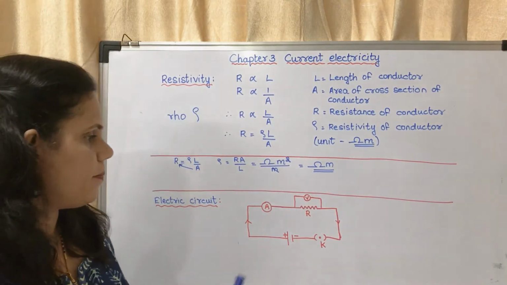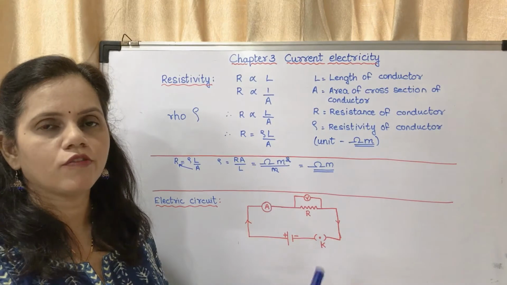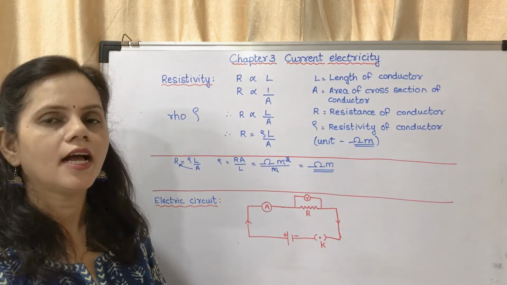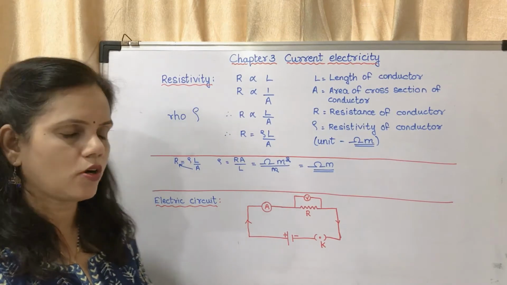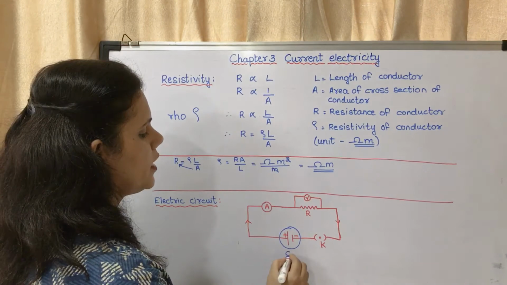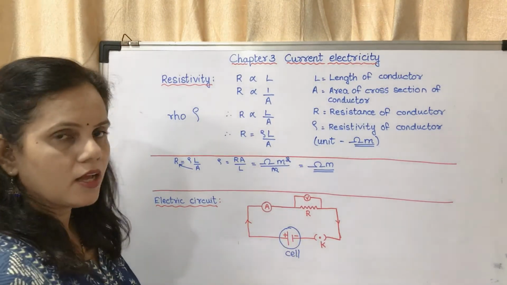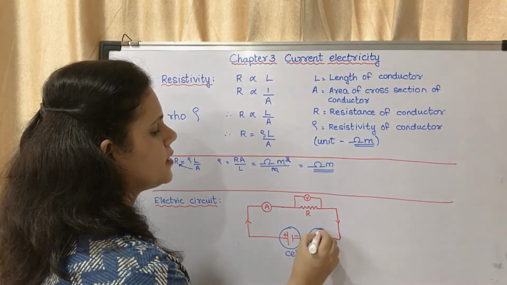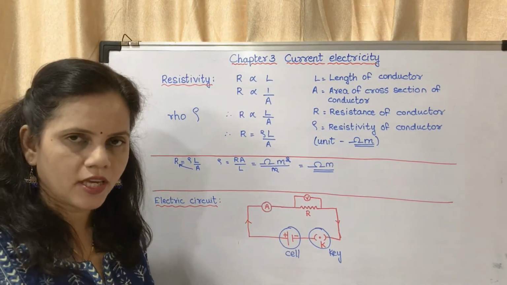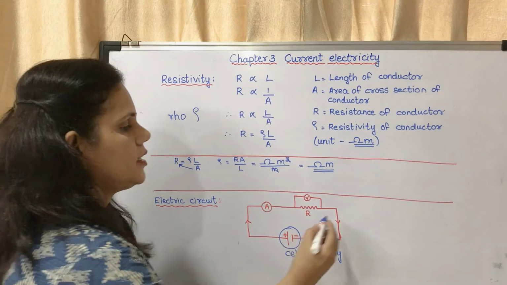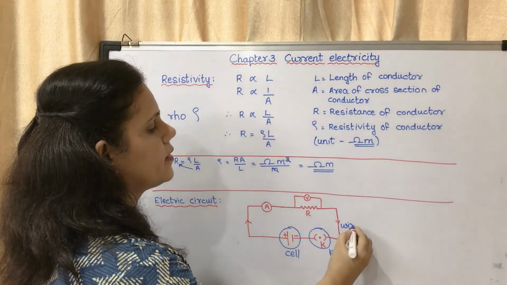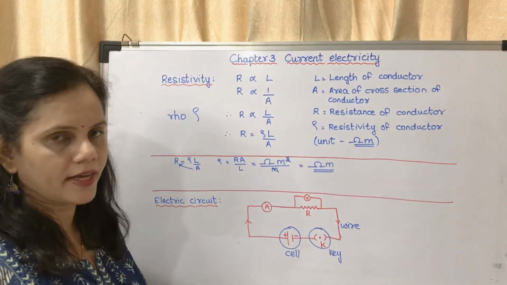Here this is the diagram of an electric circuit, and I will explain the parts of an electric circuit. This is the cell. This is the key, that means switch, key or switch. This red colored line which I have shown is the conducting wire.